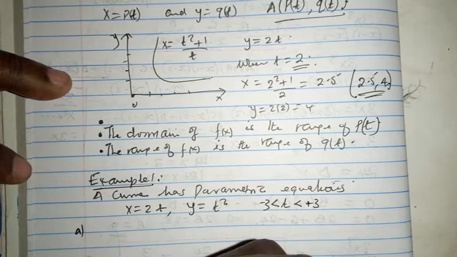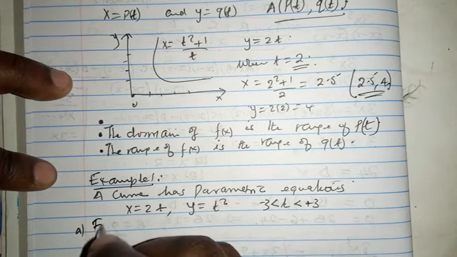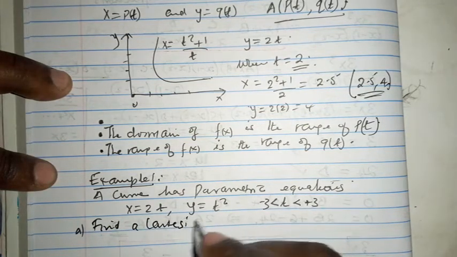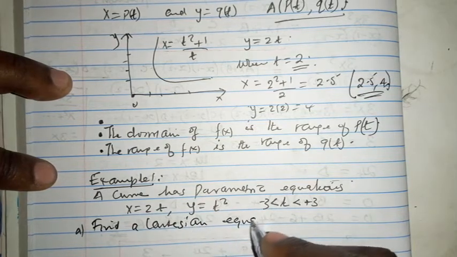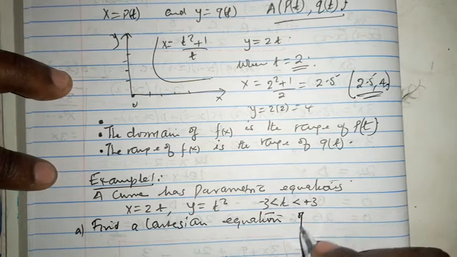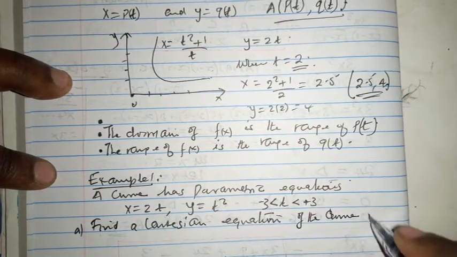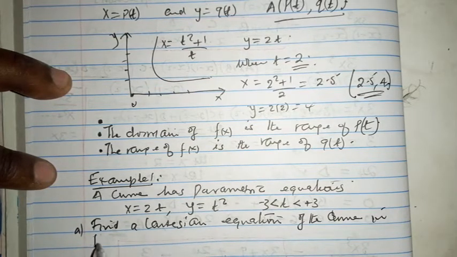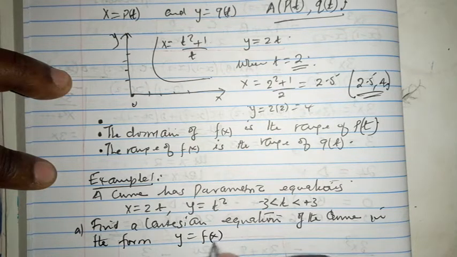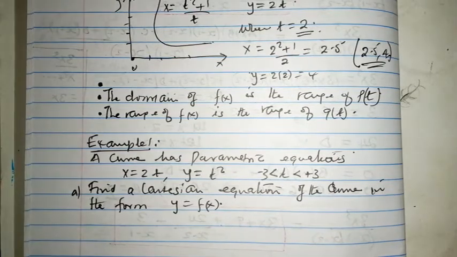Part A of the question: find a Cartesian equation of the curve in the form y is equal to f(x), in a general kind of form, the way we know curves or functions to be.